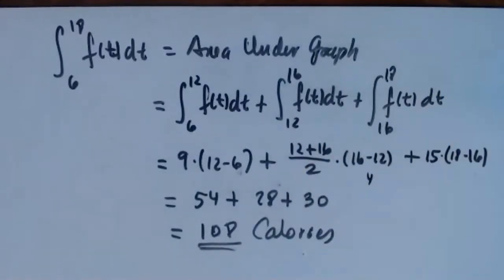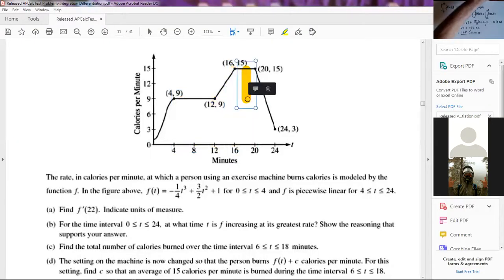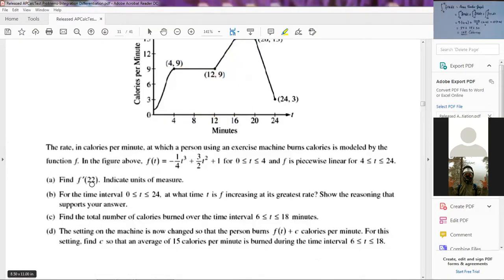Okay, let's see now, next question. Let me just take this out, erase, erase, erase. Now, the next question is, find the total number of calories. Ya está. The setting on the machine is now changed so that the person burns f of t plus c calories per minute.